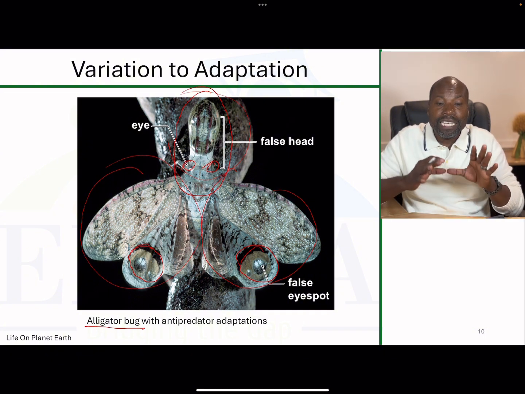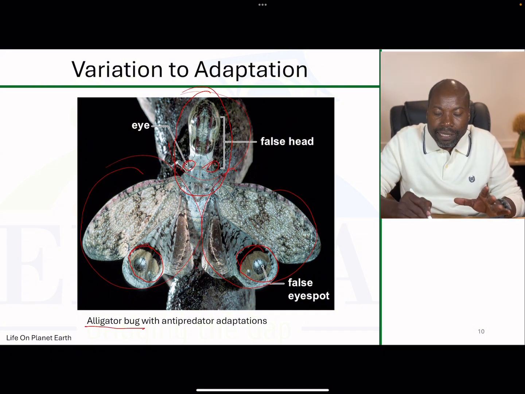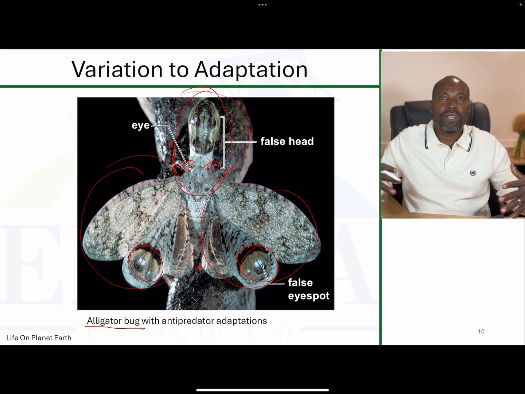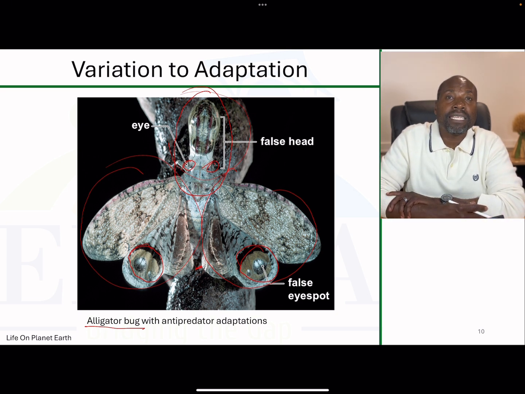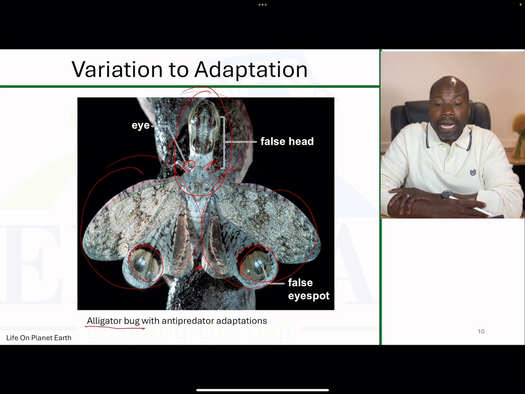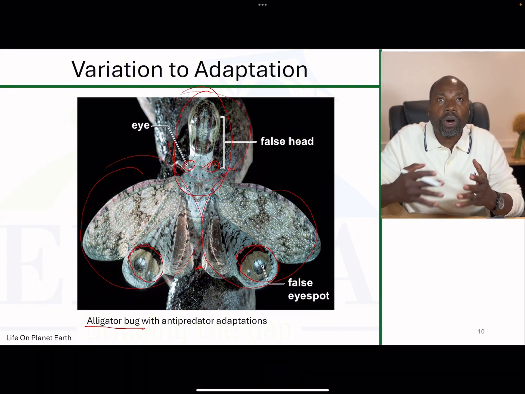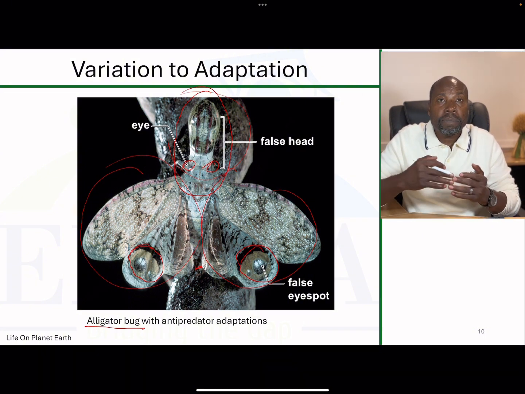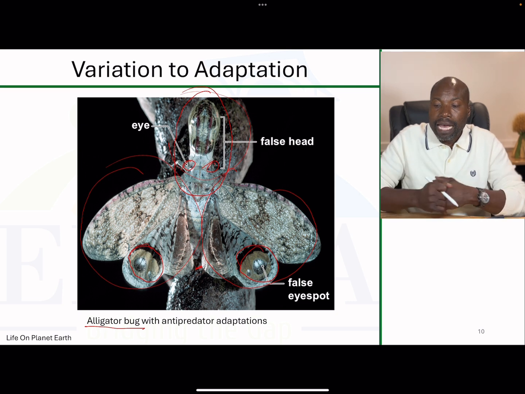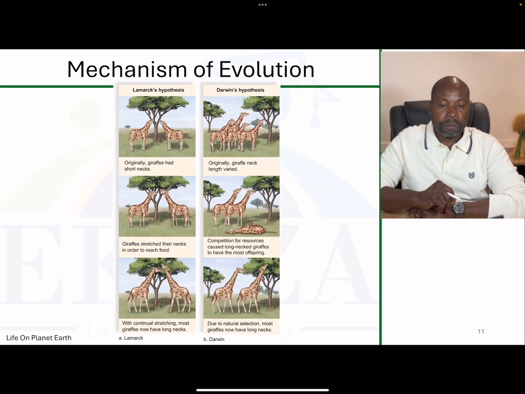So that gives the impression that this insect is actually larger than it is in reality, right? By developing that adaptation, this causes this organism to actually be able to multiply and leave behind offspring.